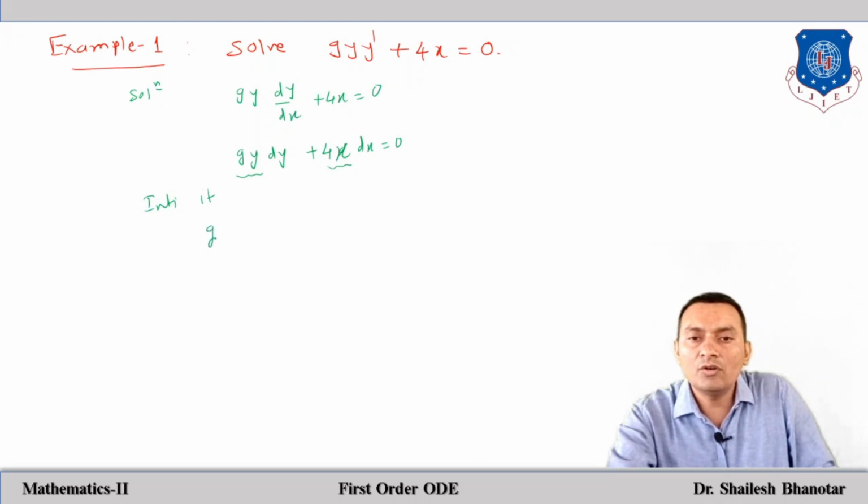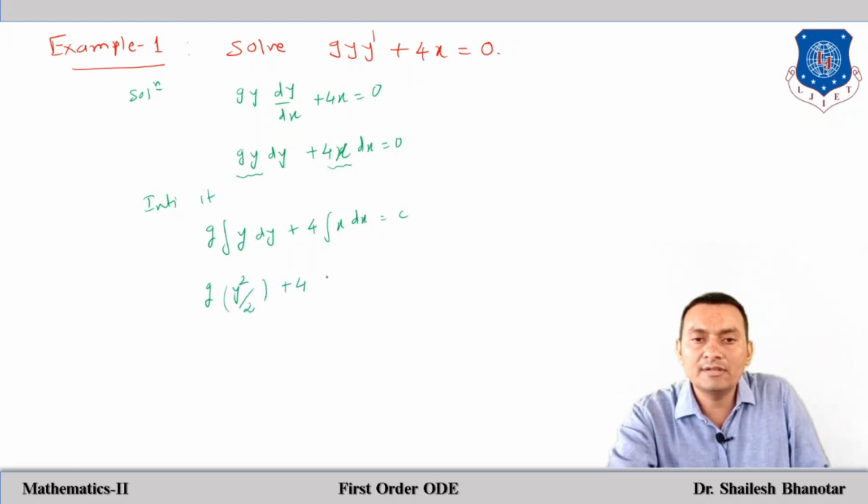So 9 times y dy plus 4 times x dx, and the integrating constant is nothing but c. After integrating you will get 9y²/2 + 4x²/2 = c.